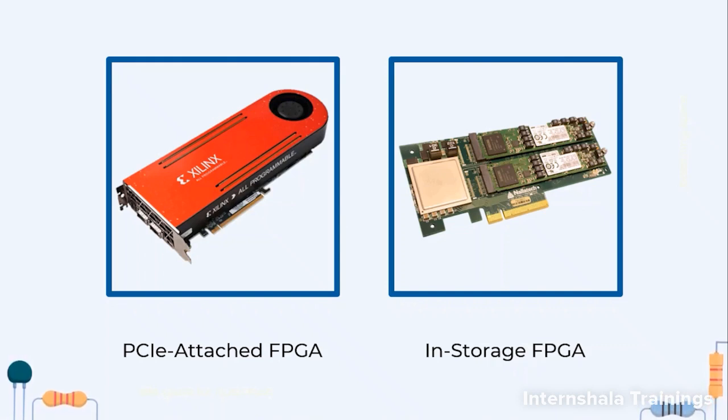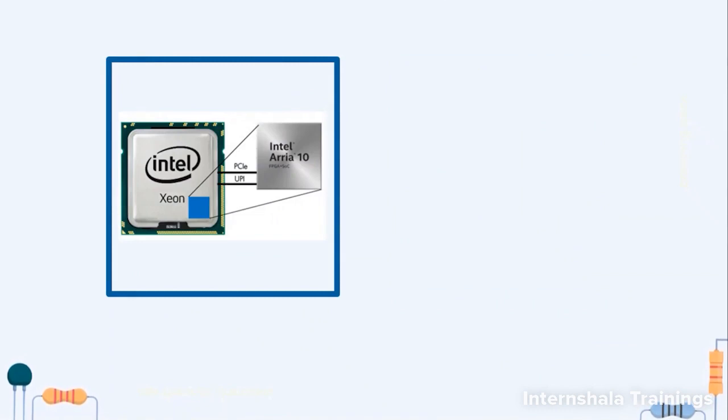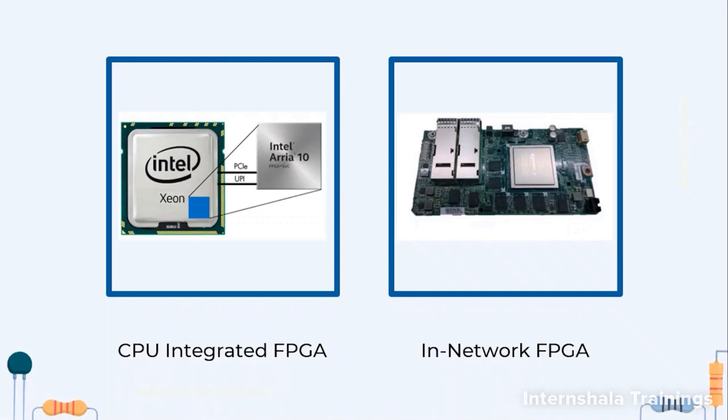Some of them are directly attached on the memory card. Some FPGAs are inside the processor itself. So Intel Xeon processor is having the Intel Arria FPGA system on chip, and there are FPGAs which are mainly designed for networking applications. So there is a huge variety of FPGAs.